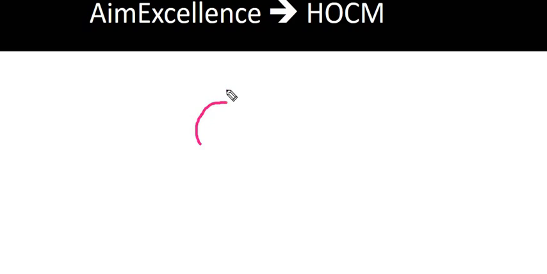Say this is the heart, and say this is the intraventricular septum.